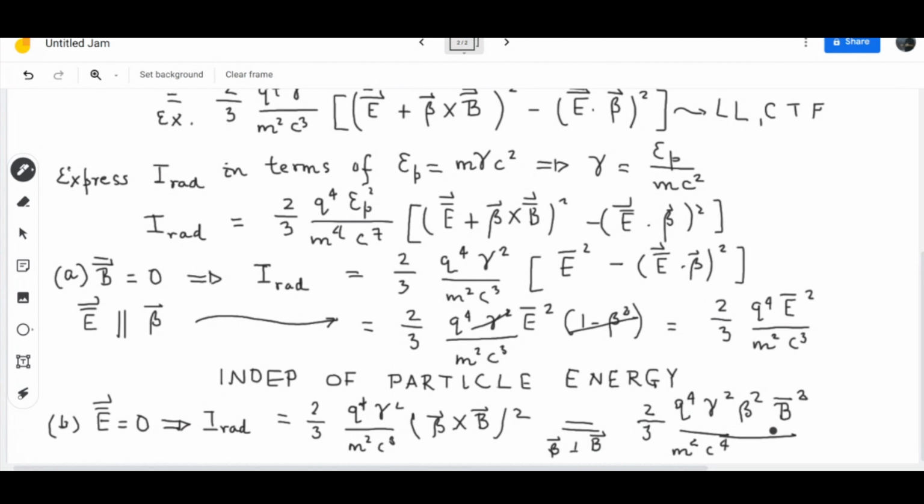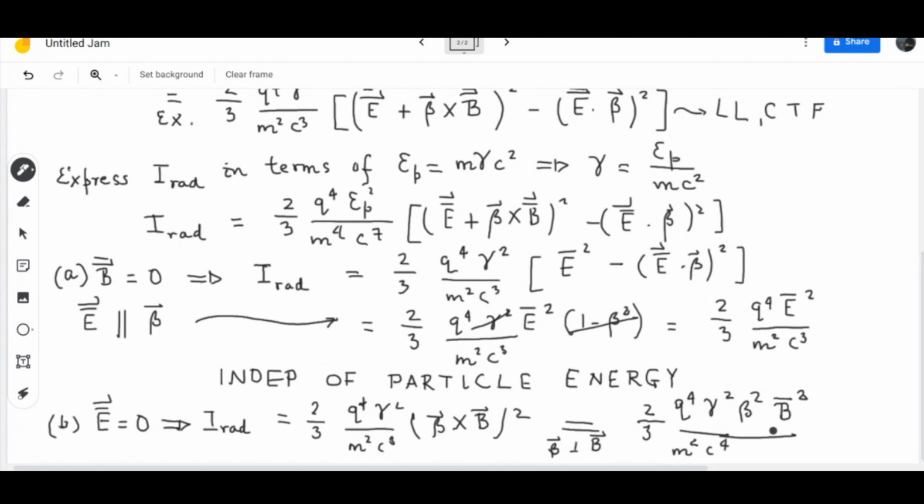So we have calculated the total intensity of a particle moving only under the influence of a magnetic field perpendicular to the direction of the velocity.